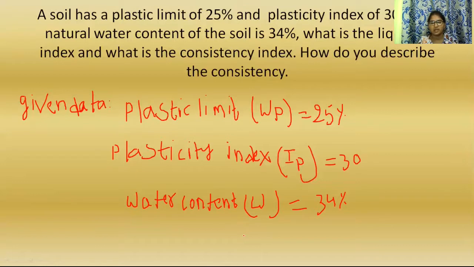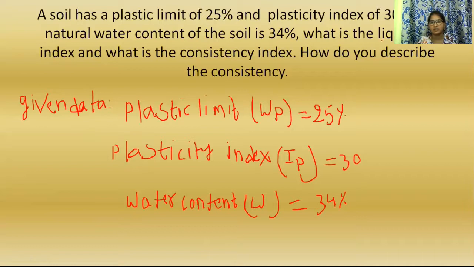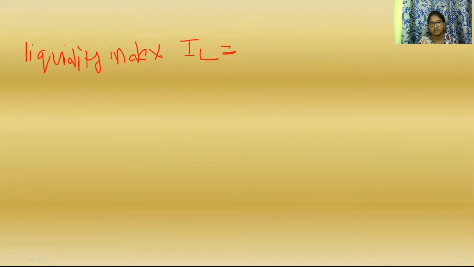First we determine the liquidity index: I suffix L is equal to (W minus W suffix P) by I suffix P.